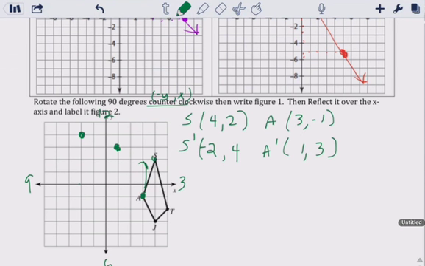And then T is 5, negative 2. T prime then would be 2, 5. Here, 2, 5.